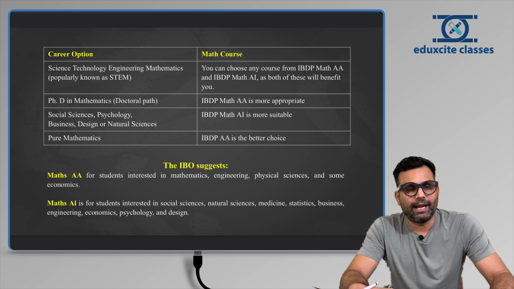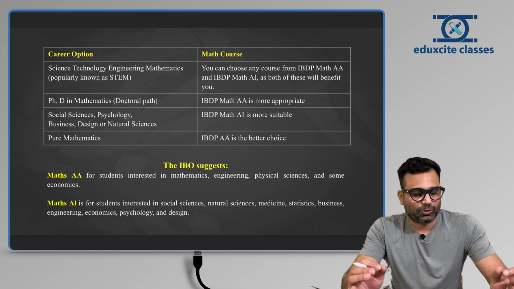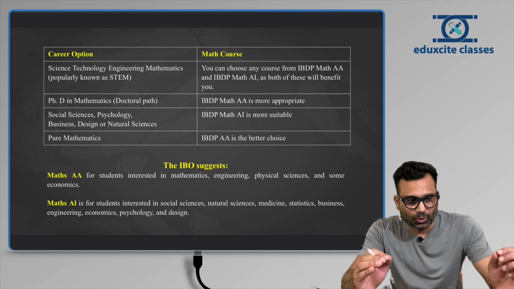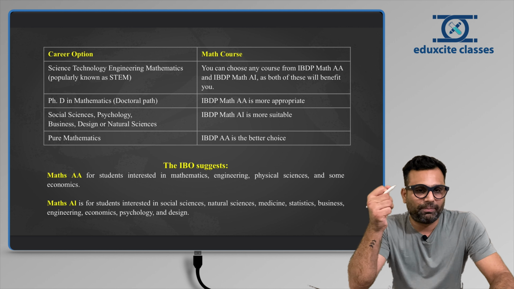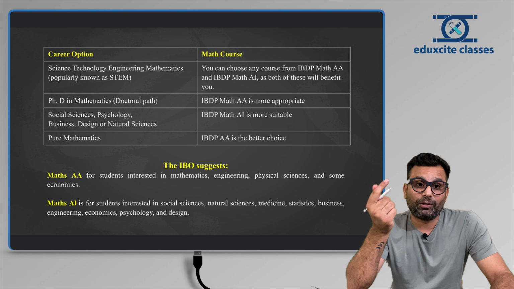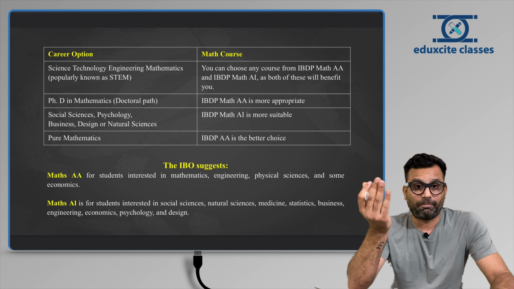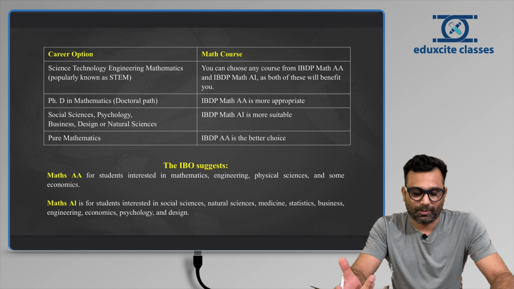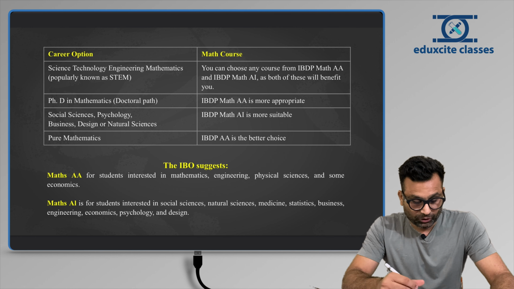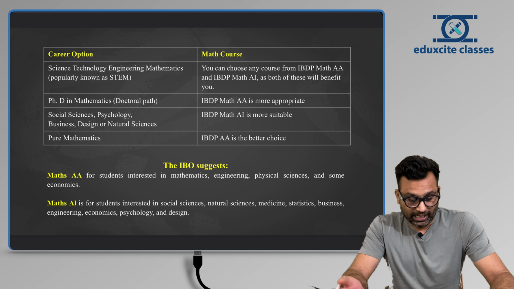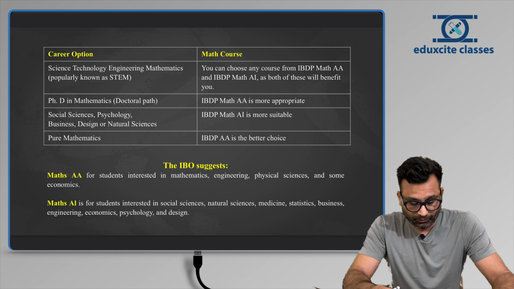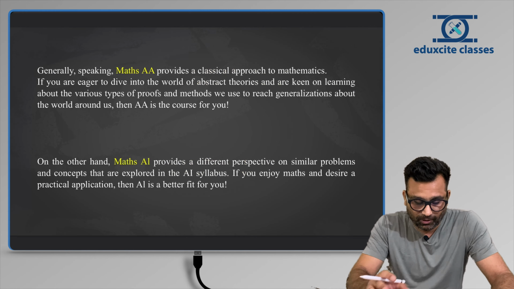More or less, if you look at the specs of science, AA is a good umbrella for you. But if you are looking at business or economics or psychology or medicine, then AI is a good option. AA is for students interested in math and engineering, and AI is for social sciences, natural sciences and so on.